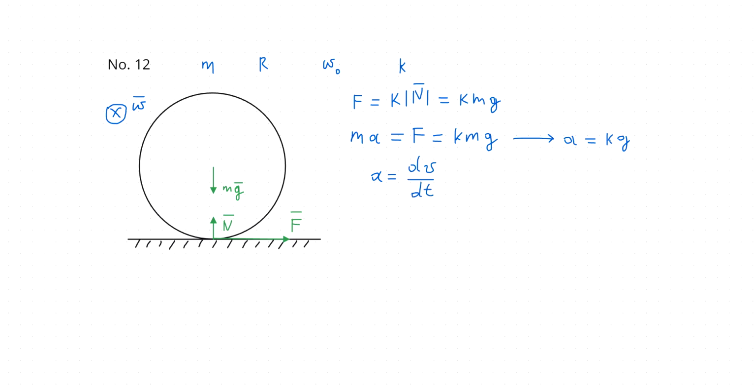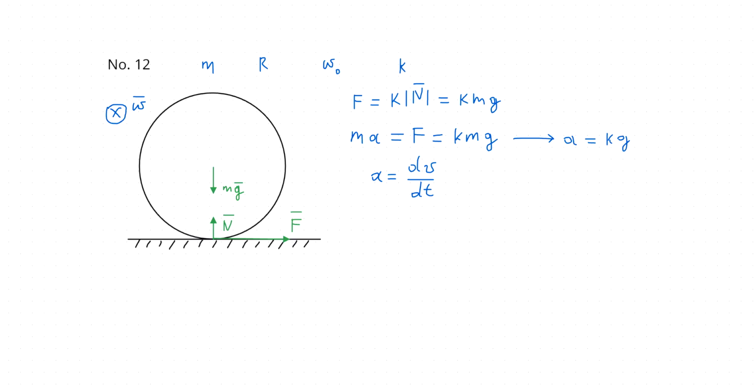So velocity equals acceleration multiplied by time. We know the acceleration, so velocity is equal to kgt.